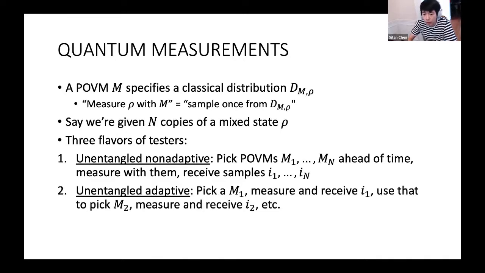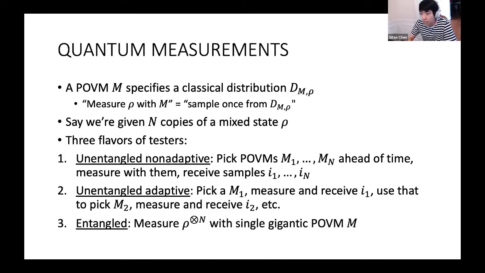You could be a bit more clever, and instead of picking all of the POVMs ahead of time, you could pick them in an adaptive fashion. Namely, you start with some POVM, you measure and get some outcome I1, and based on that outcome I1, you design your next POVM, etc. But you could be even more sophisticated, and instead of measuring all of your individual copies of rho one at a time, you can imagine that your n copies of rho are simply a single copy of a mixed state in a much larger tensored space.